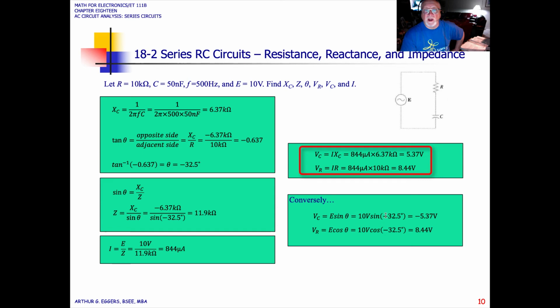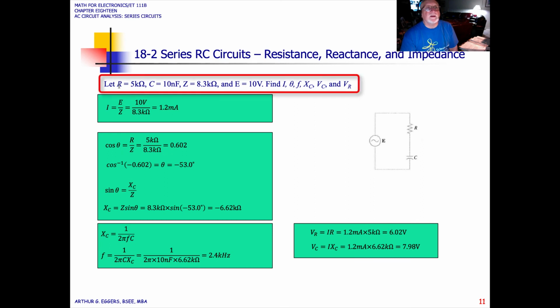You'll notice here again we had the negative value for the angle, since we're in the clockwise fourth quadrant, gives us a negative going 5.37 and 8.44. Again, you have to know and recognize that since we're dealing with an RC circuit, we are always negative 90 degrees.